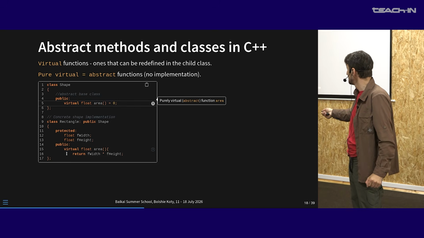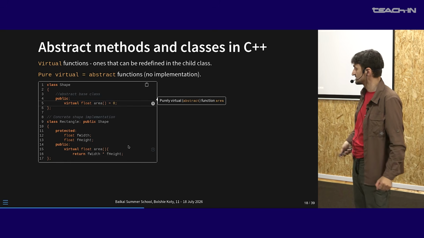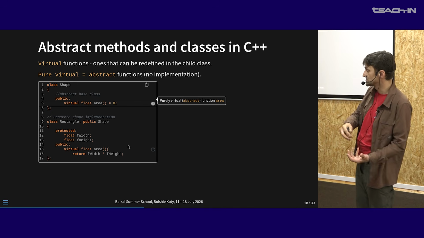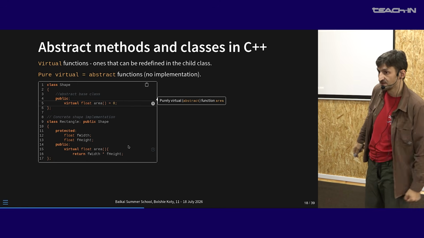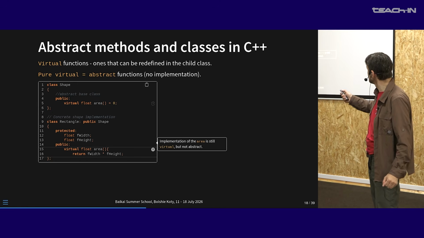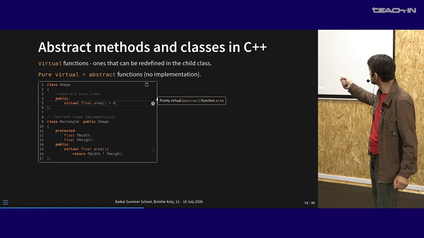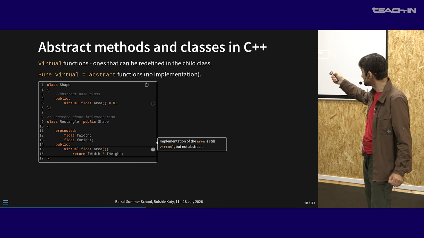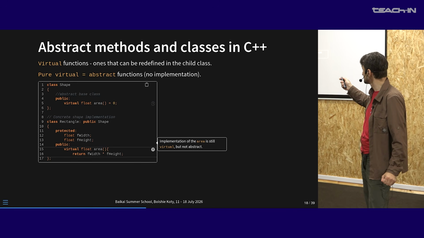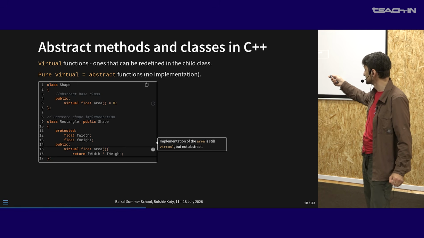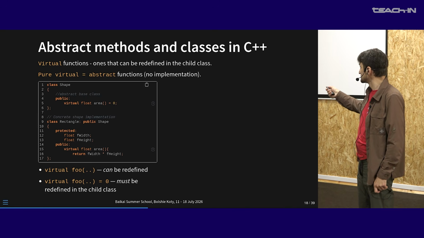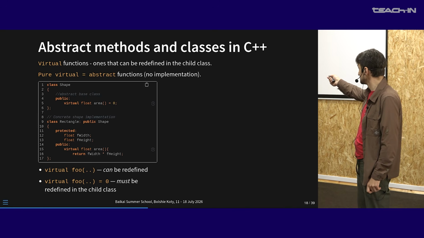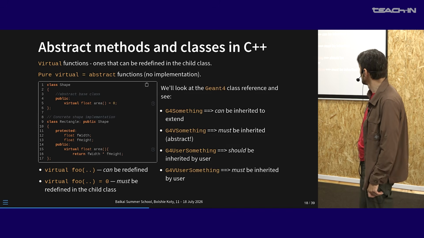And just a virtual function in C++ is a function which can be re-implemented in the child class. So this is a purely virtual or abstract function, and this makes the class shape an abstract class. And this is just a virtual implementation. So just virtual can be redefined. Virtual equals 0, abstract, must be redefined.